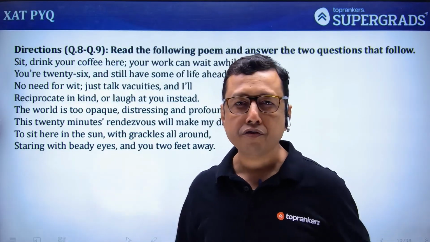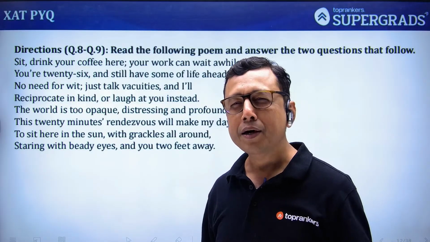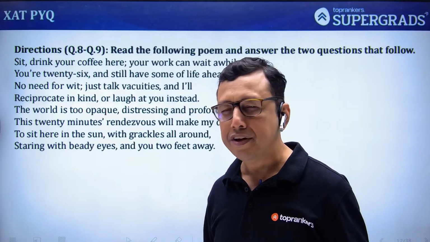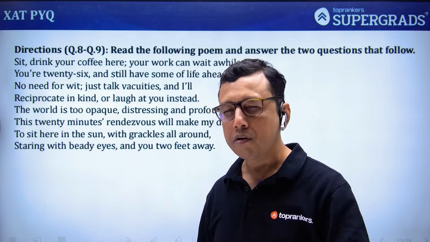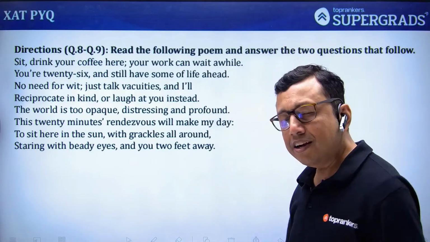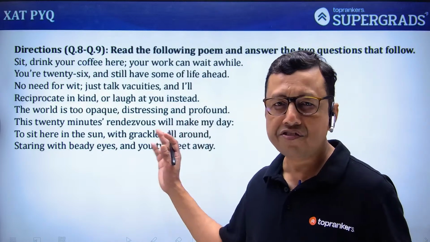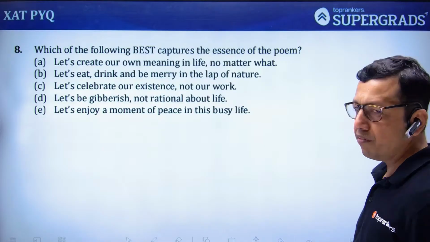That is the context of the poem. But the basic idea, the theme is, let us take a break from the drudgery of the world. World is really very complex. Come on, let's chill for some time. That's the idea, right? Having understood the theme, it was not very difficult to understand the theme of the poem. Okay. Now we start solving the questions.